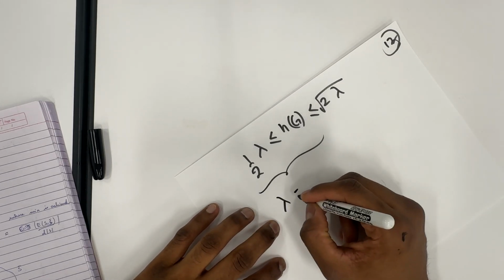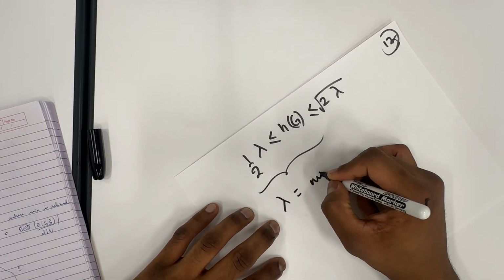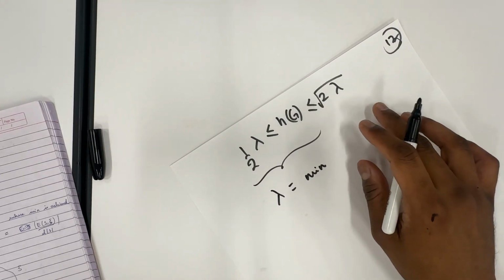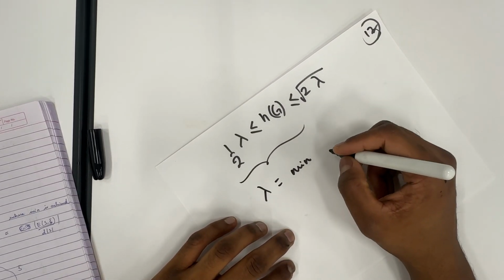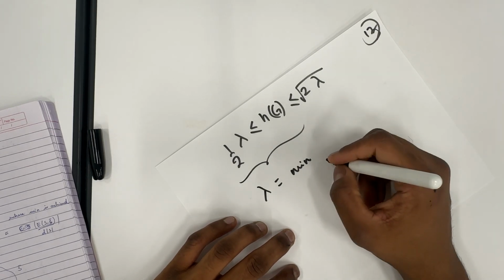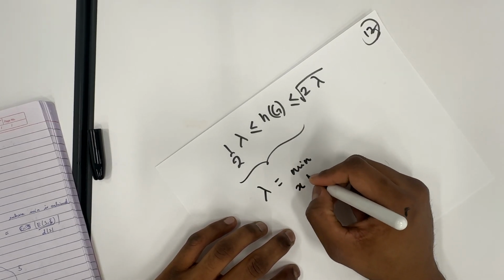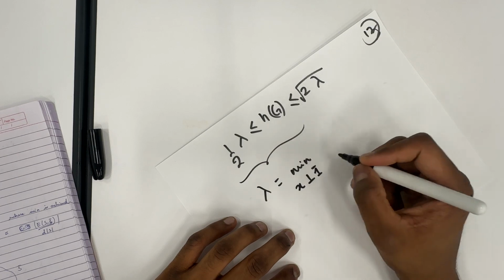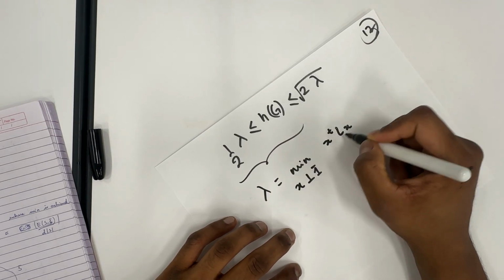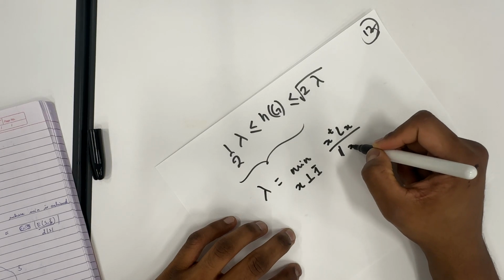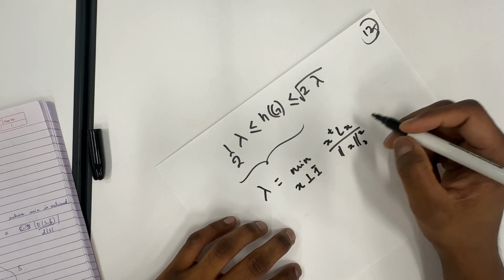Remember, because we are looking at the second smallest eigenvalue, from the Courant-Fisher inequalities, lambda is the minimum over x perpendicular to the vector of all ones of x transpose Lx over the 2 norm squared.